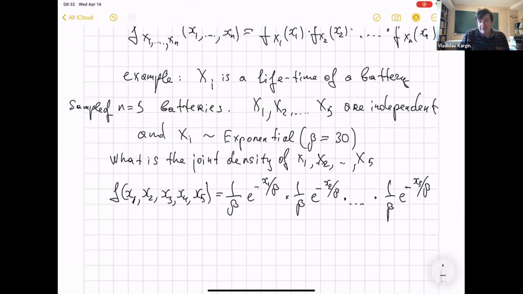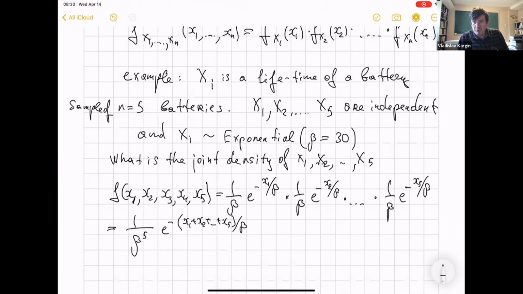If you multiply this together and use the law that the product of exponentials is equal to the exponential of the sum, we get that this is equal to 1 divided by beta to the power of 5, times e to the minus x1 plus x2 plus and so on plus x5, divided by beta. And beta is equal to 30, you can plug it in. So this is the joint density.